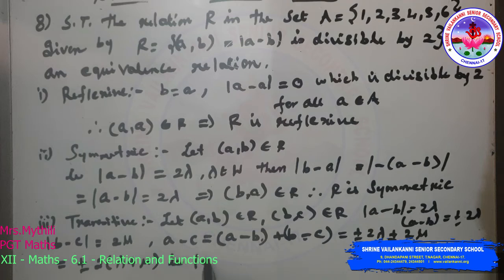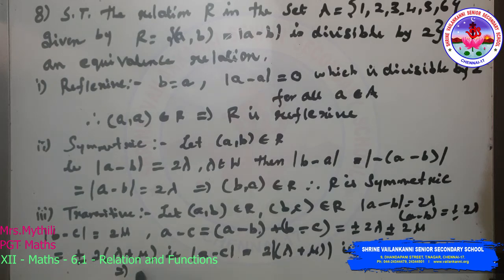That is, modulus of a minus c is equal to 2 times (lambda plus mu), which is divisible by 2, which implies that (a, c) belongs to R, which implies R is transitive. Since (a, b) belongs to R and (b, c) belongs to R, we have proved that (a, c) belongs to R, then it is transitive.